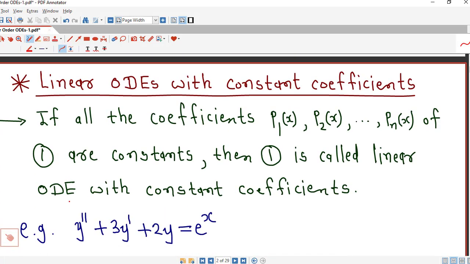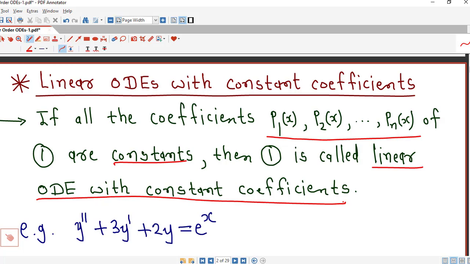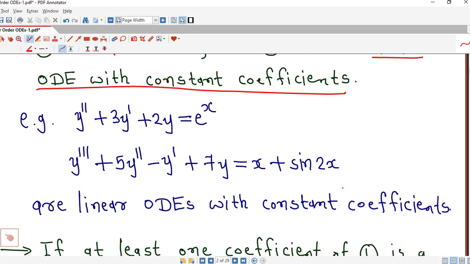Again, depending on the nature of coefficients, if all the coefficients are constants, equation 1 is called a linear ordinary differential equation with constant coefficients. For example, y double dash plus 3y dash plus 2y equal to e raised to x. Here we can see the coefficients are 1, 3, 2, all constant.